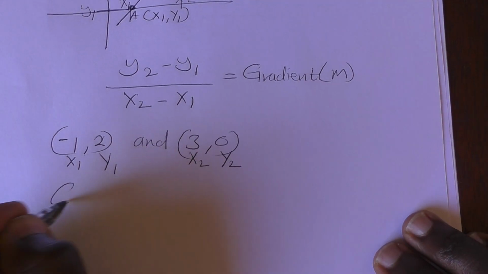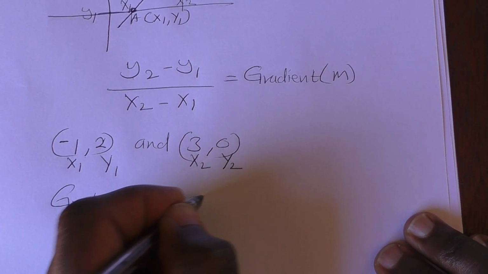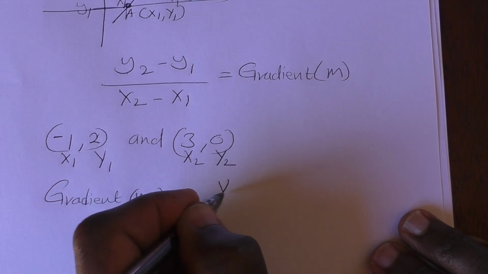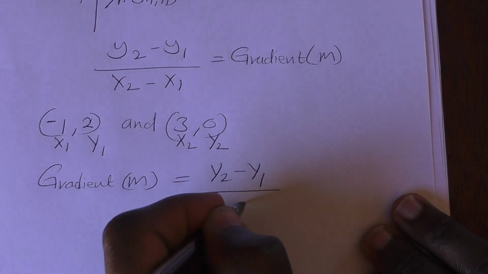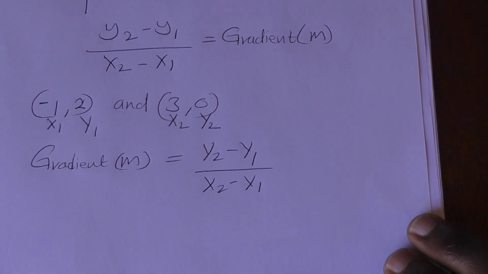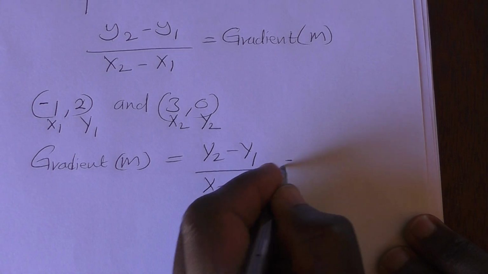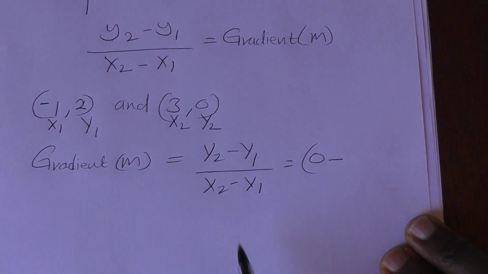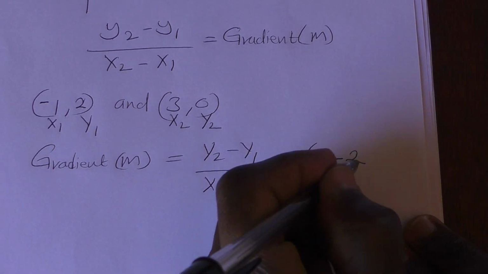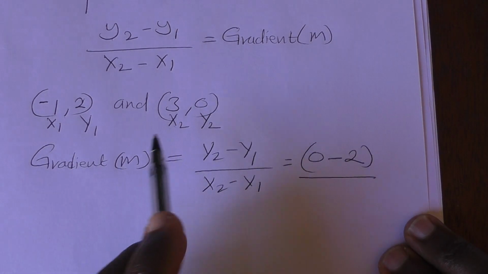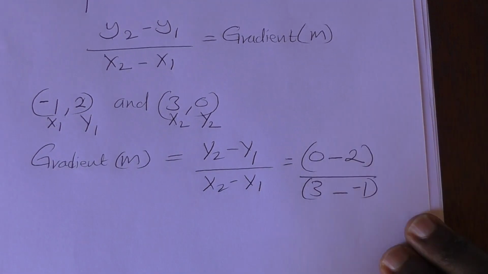So that means that the gradient m is given by y2 minus y1 over x2 minus x1. Hence, we substitute. Where we have y2, we substitute with 0 minus, where we have y1, we substitute with 2, over x2, which is 3, minus x1, which is negative 1.